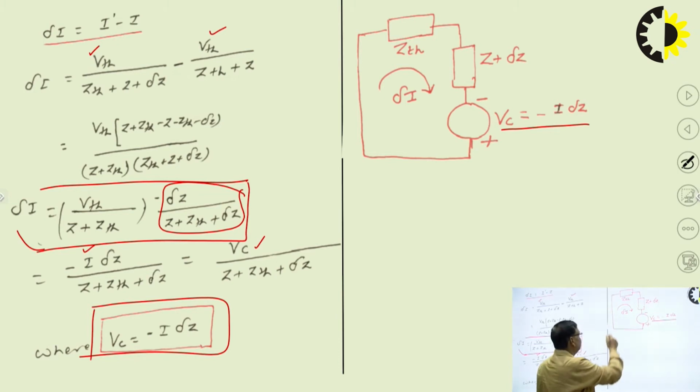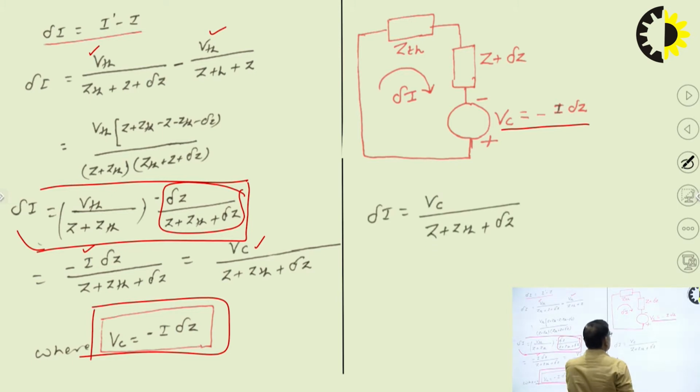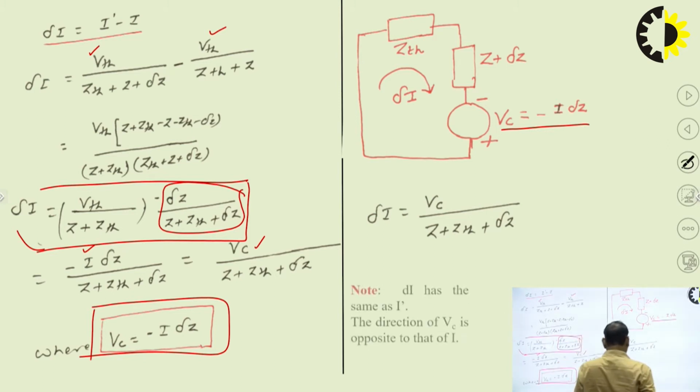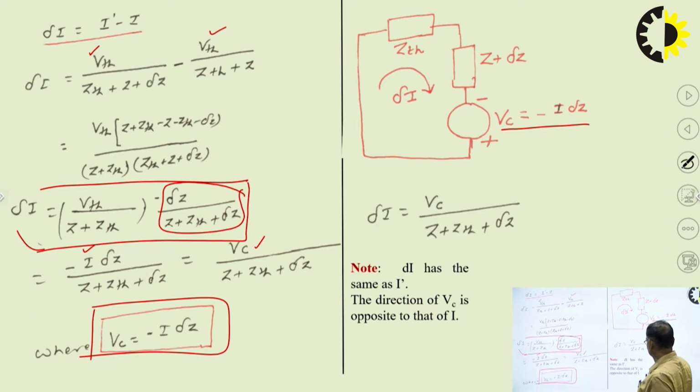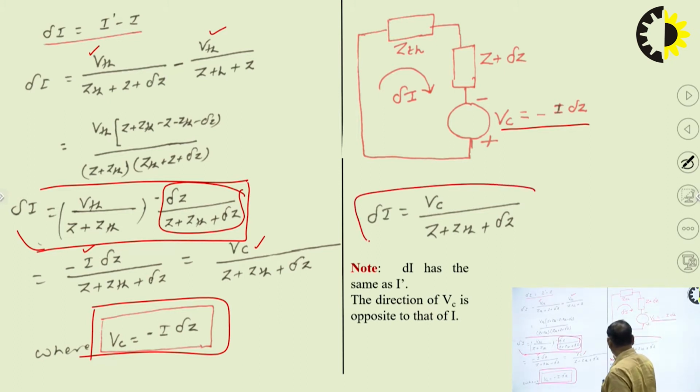Now we find the value of delta I: delta I is Vc upon Z plus ZTH. So this is the change in current delta I using the compensation circuit.